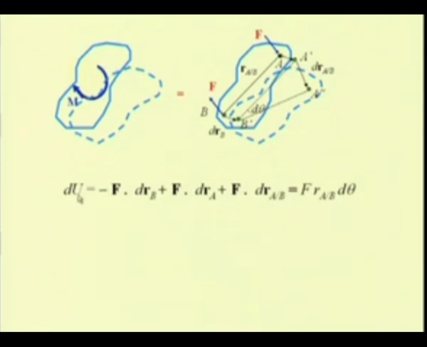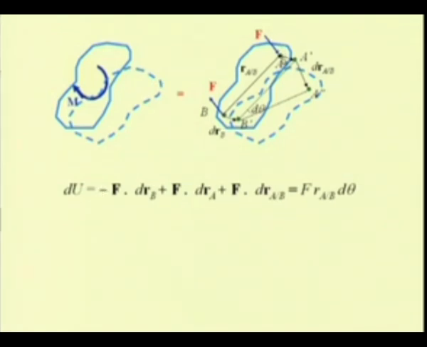So, we can now define the work done dU as the work done by this force F in displacing the point B to B prime. So, we have this as minus F dot drB. Why? Because we know that these two vectors are in opposite directions, and thus the magnitude of this work will have a negative sign.